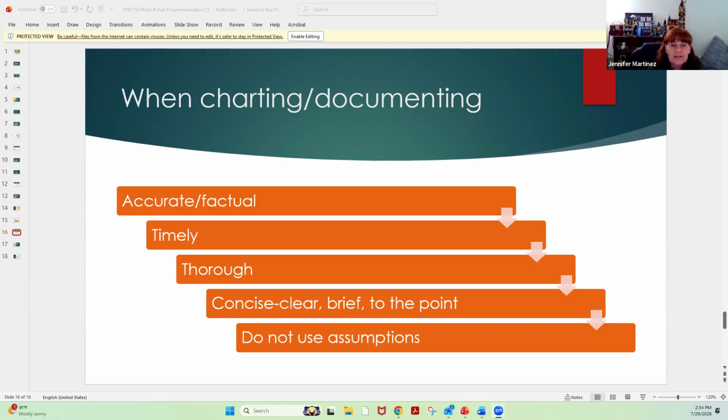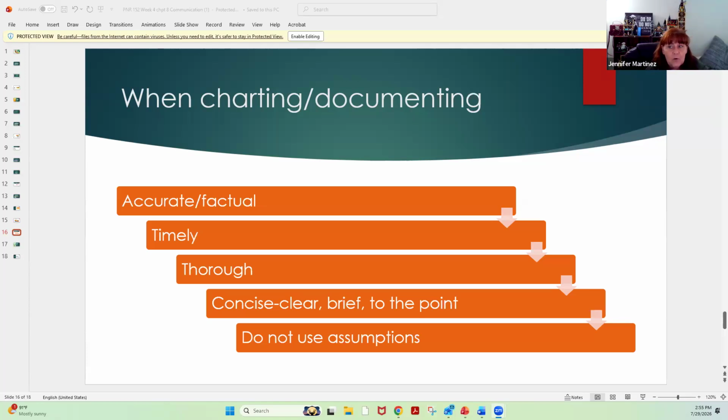And so trying to read through some charts was pretty interesting. Most of your charting is going to be electronic. Very rarely will you document on paper unless the EMR goes down or the power goes out, things like that. Always make sure what you are documenting is accurate and factual.